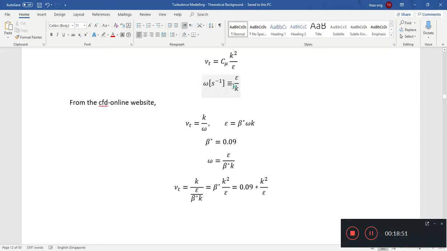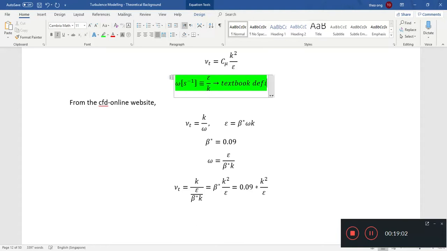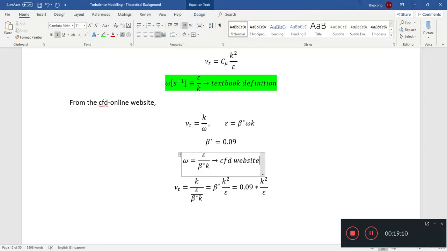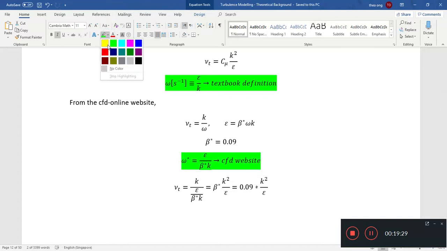Okay, so remember, I'll just highlight here. This is the textbook definition. This is from the CFD website. Maybe I would use omega star to represent this, because I don't want to confuse you.